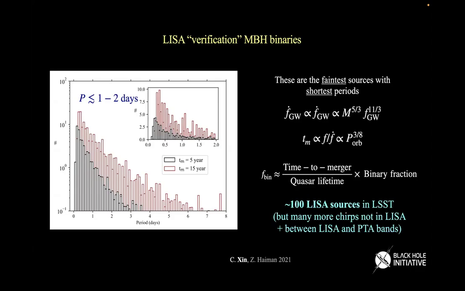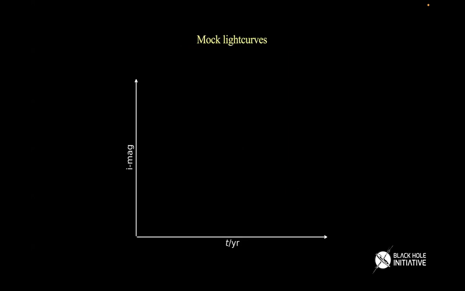If you plug these numbers in, for example, if you assume the time to merger to be 15 years, which is the time we have until the end of the LISA mission, we get that up to 100 LISA sources would already be in LSST for us to search for when LSST is starting to give us all these data releases in the next 10 years. But there would be a lot more sources that are also chirping, but in between LISA and PTA.